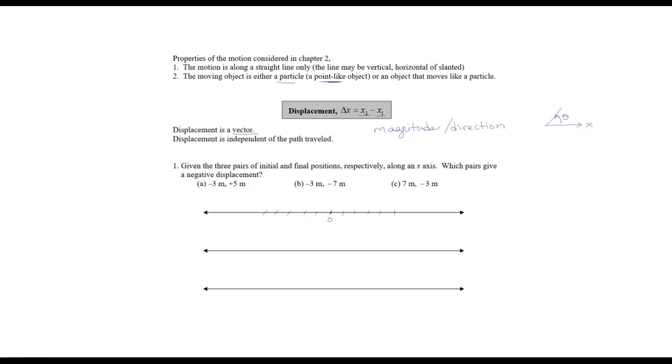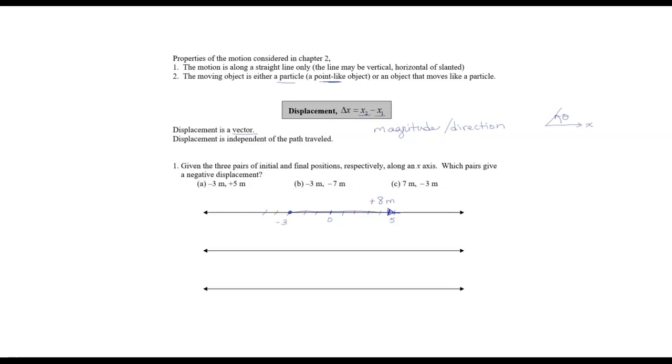So we're starting at -3 and we're going to 5. So where we start to where we end, as the crow flies. So this has a positive displacement of 8 meters.